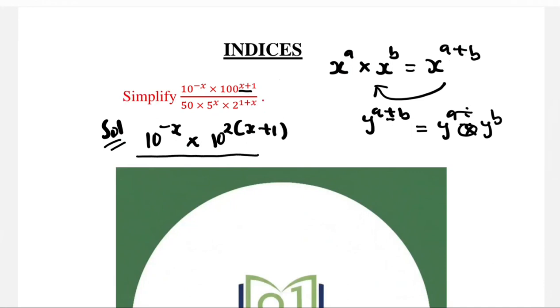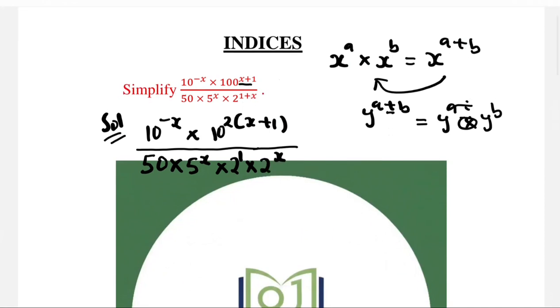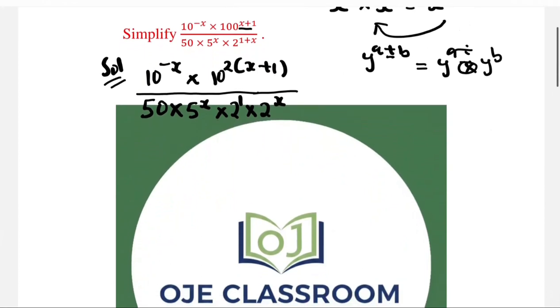Everything divided by our 50 multiplied by 5 power x times, and we're going to break this down using what we just explained. So this is going to be 2 power 1 multiplied by 2 power x. So that is step 1. The next thing you do is open this bracket so that you can apply the law of indices for multiplication, because the bases are now the same.